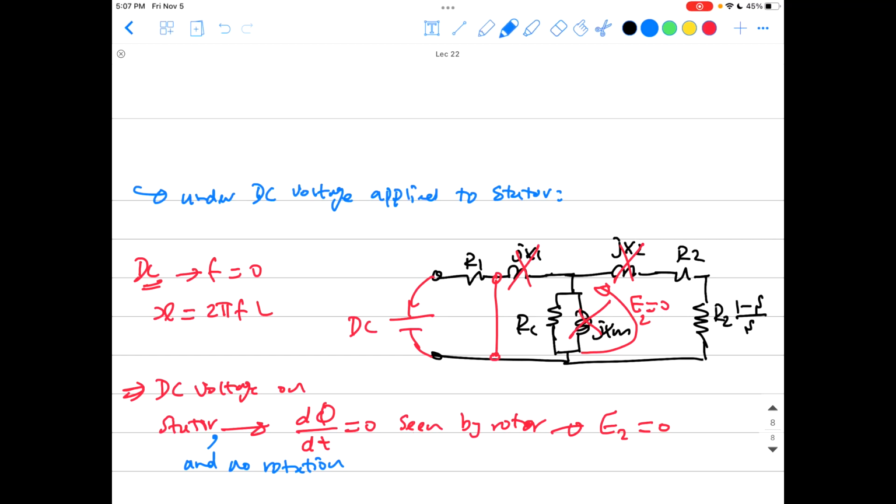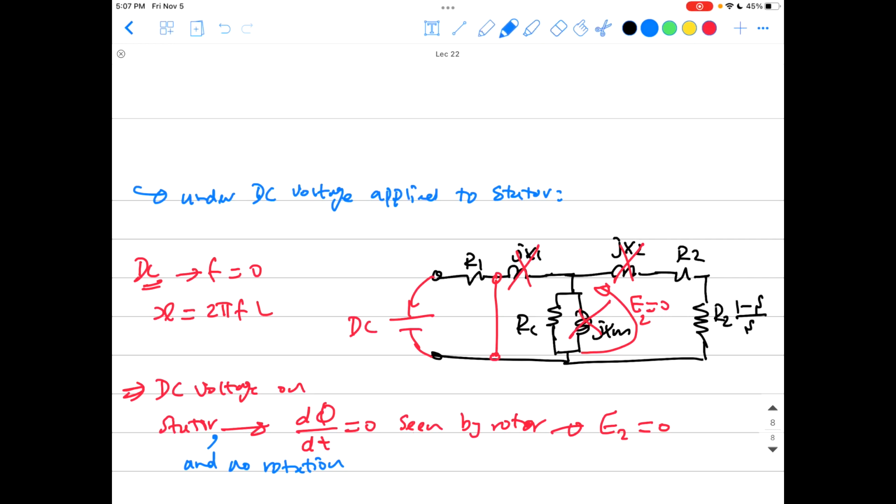Here the machine will not rotate because there is no torque created, because the whole theory of operation is not applicable when you're applying DC voltage, not AC. So the machine does not rotate, and the magnetic field is not changing by nature because it's coming from DC.